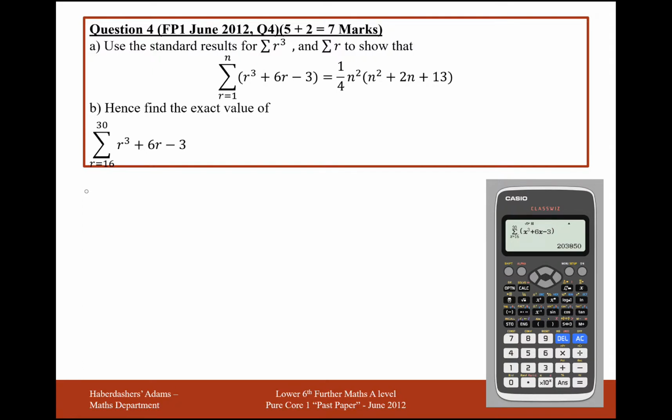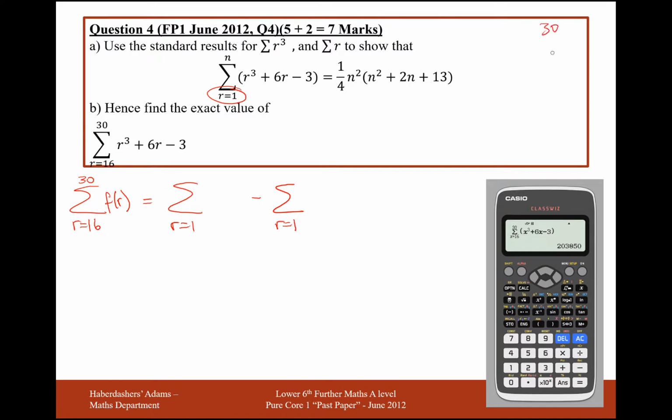What we have to do here is, it's a couple of marks, so we need a bit of working. We need to split up the sum starting at r equals 16 of our function. Now our formula here only works if we start at the value r equals 1. So we need to split it up into two separate series, both starting at 1. And let's think about it.